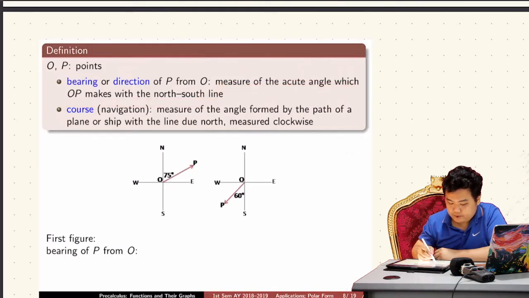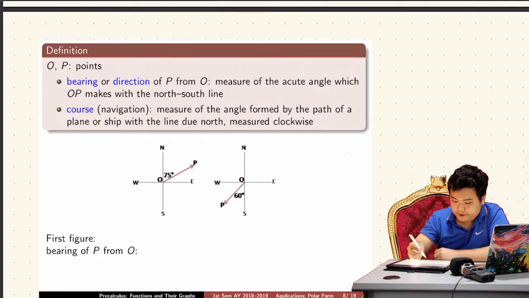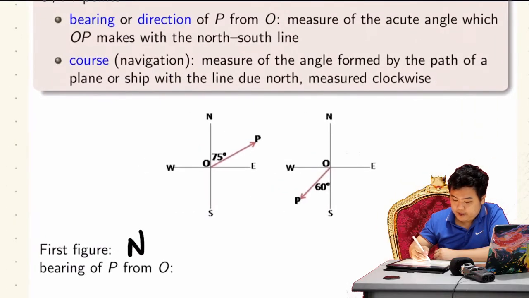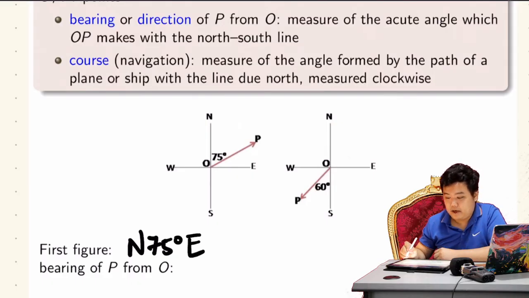Okay, so dito sa first figure, sinusulat natin yun na N kasi pupunta ka ng north tapos 75 degrees east. Okay, so yun yung tinatawag nating bearing.